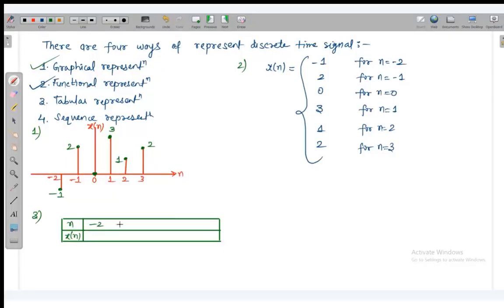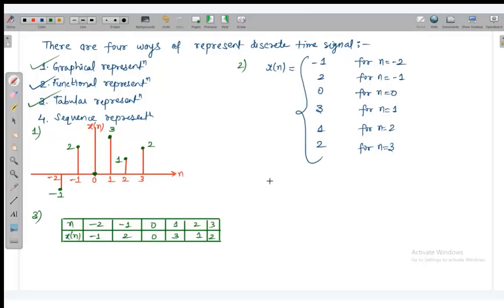So it is -2, then -1, then 0, then 1, and then 2, and then 3. At -2, this has the value -1. At -1, it has value 2. And then at 0, the value is 0. At 1, the value is 3. Then 1, then 2, like this. So this is the tabular representation.